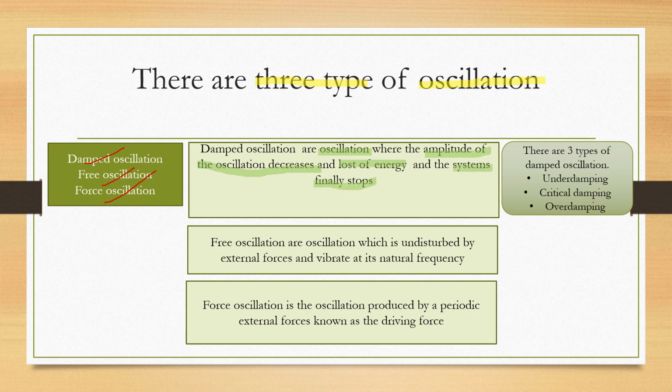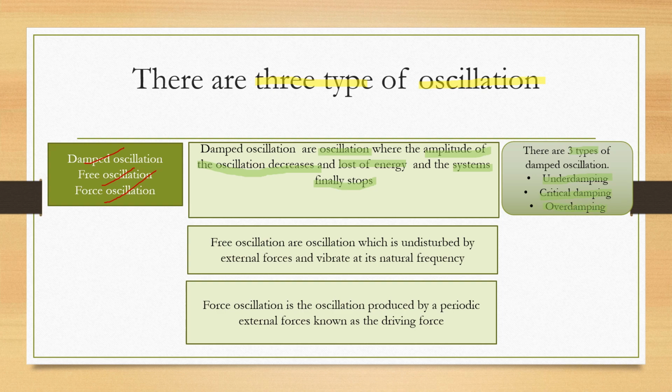This is a basic and general definition of damped oscillation. Damped oscillation also has three types: under damping, also known as light damping, critical damping, and over damping.